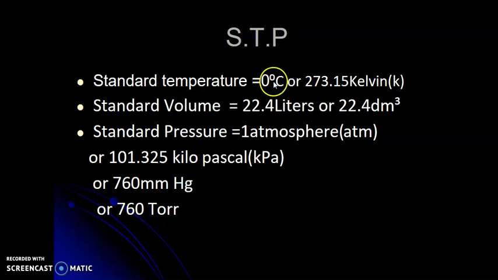You just add 273 to the degrees Celsius that you have. Standard pressure is 1 atmosphere, or 101.325 kilopascal, kPa, or 760 millimeter of mercury, or 760 torr. All these are units of pressure. All right, copy this down in your notebook.